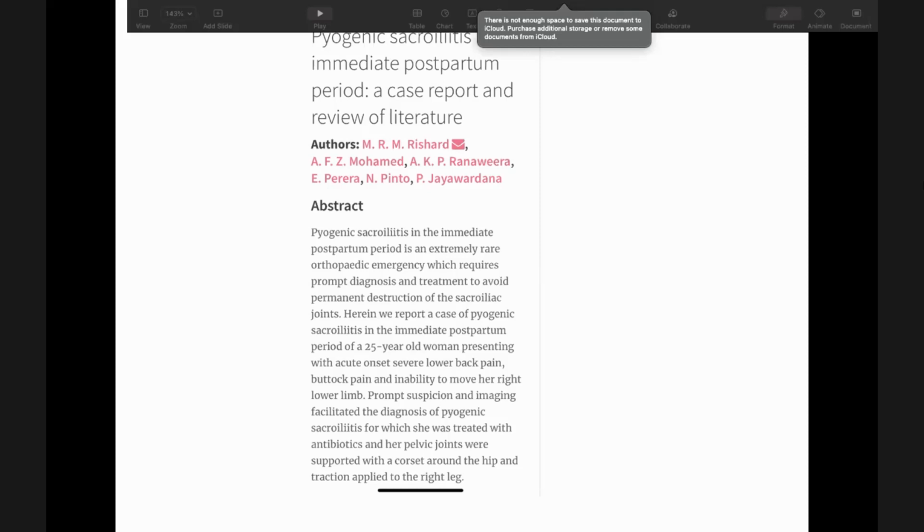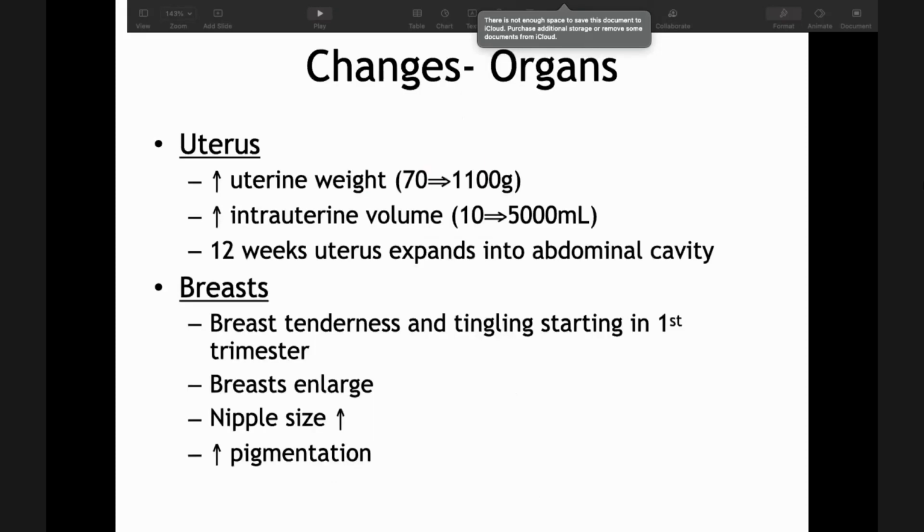Nowadays almost all women get an early pregnancy scan done, and we see what is called the snowstorm pattern. So this is very easily diagnosed by scan nowadays. Okay, sir. Thank you.